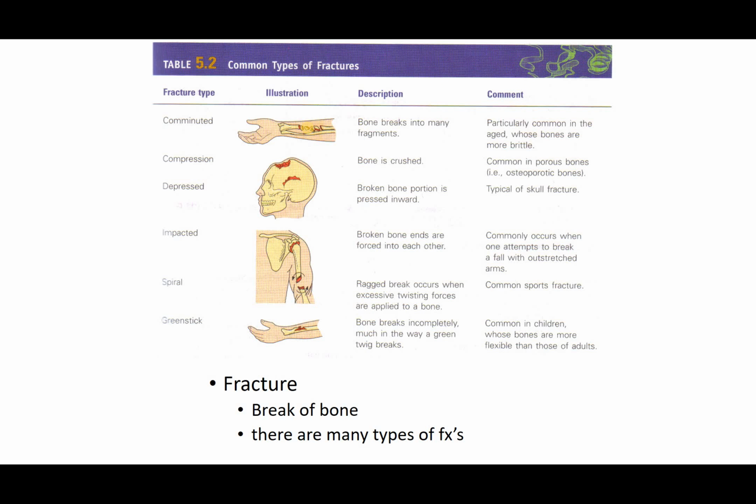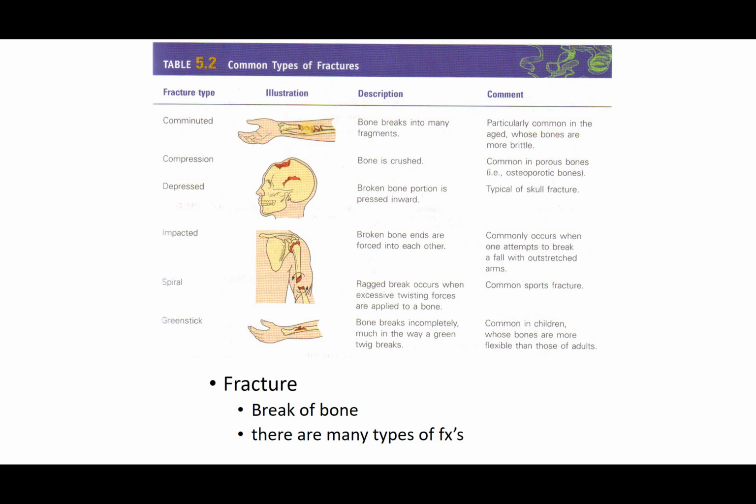If, let's say that the bone broke into multiple fragments and broke the skin, then you would say an open comminuted fracture. Now I'm going to add a term here, and that is simple fracture, which we'll get to in a second. A simple fracture is basically a clean break. I've got some pictures of that coming up. And then the other one is a closed fracture.